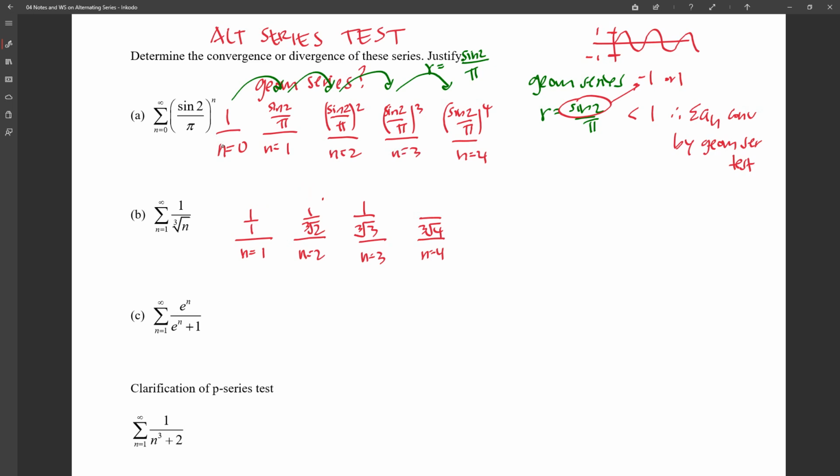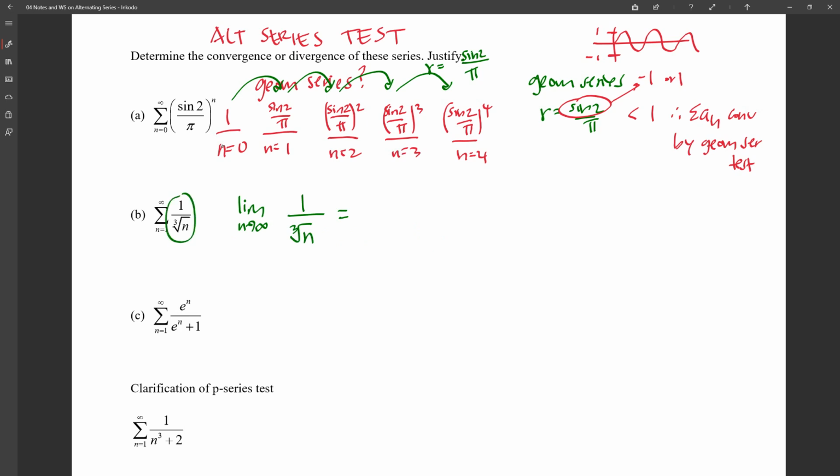All right. The other tests I had were nth term test for divergence, which is not on this AP test, but it's worth looking at. Nth term test for divergence just says if I take the limit of this thing and I figure out that this number is not equal to 0, then this series will diverge.